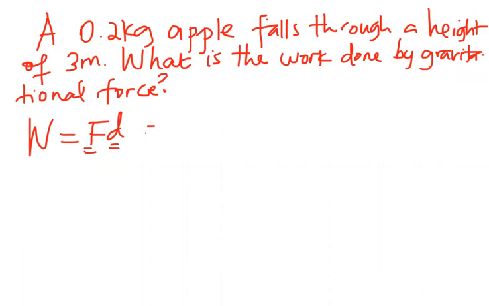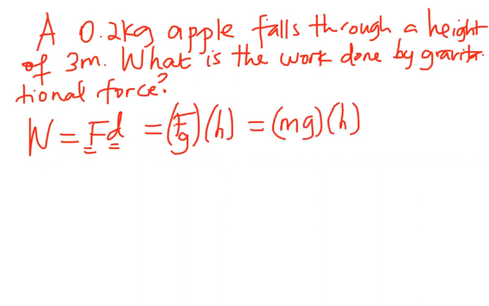In this case, force is actually force due to gravity. That's the one that is pulling the apple, or we call the weight. And the distance will be like the height, in this case, h. When we multiply these two, we get our work. Force due to gravity is given by mg, and we multiply that by h.